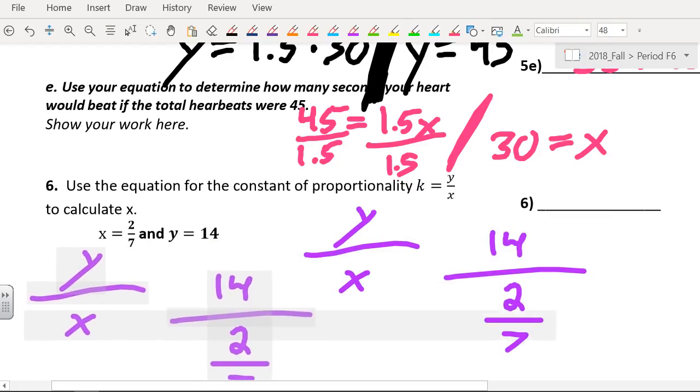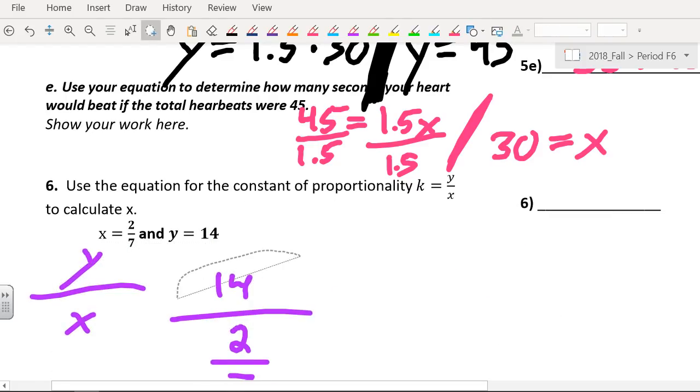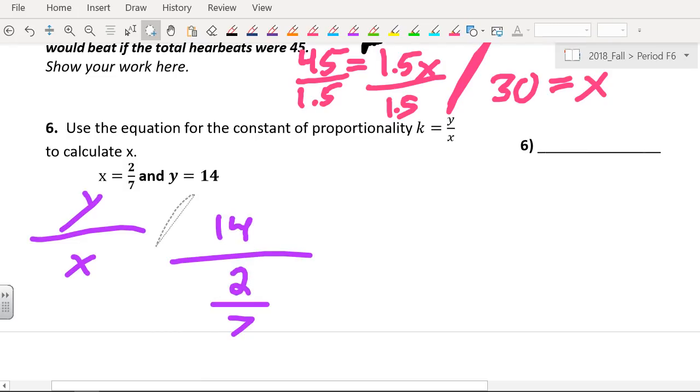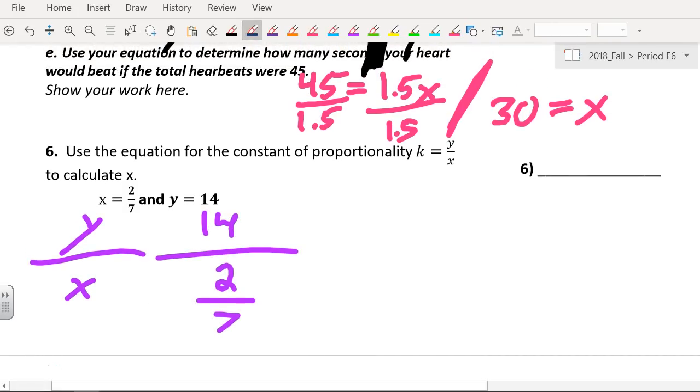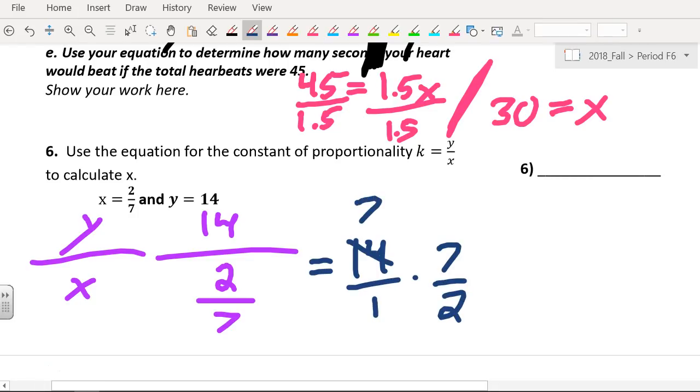It's just division with fractions, which you guys already know how to do. Okay, so that's 14 times 7 over 2. I'm going to actually make it 14 over 1 times 7 over 2. We can reduce this. Okay, so the answer is 49 something.